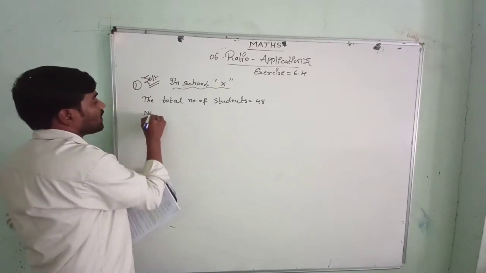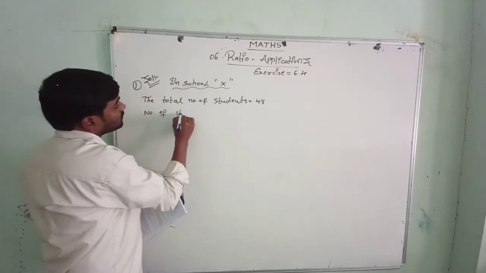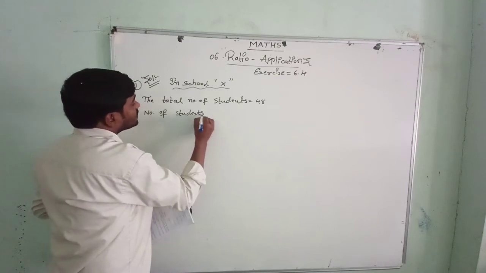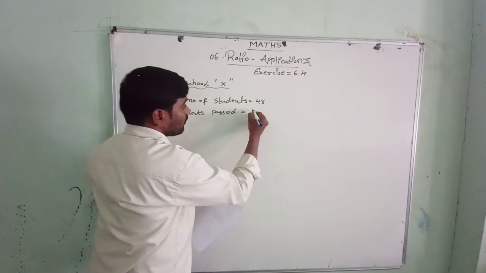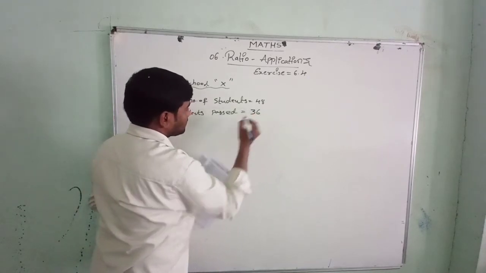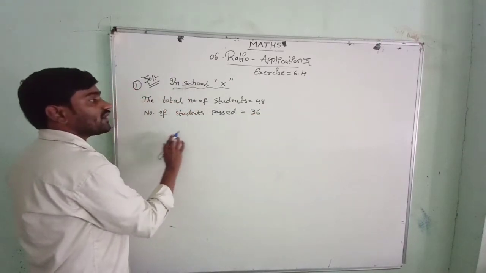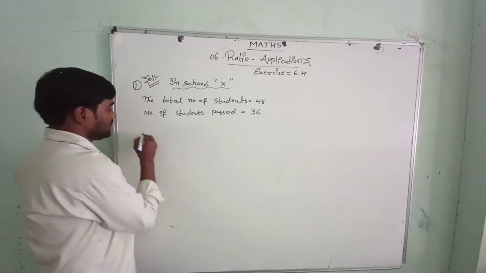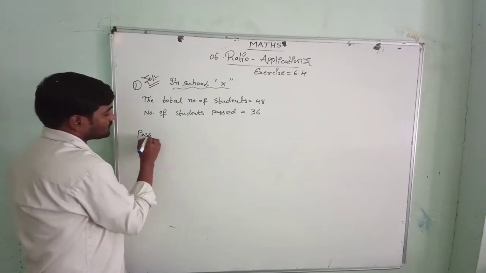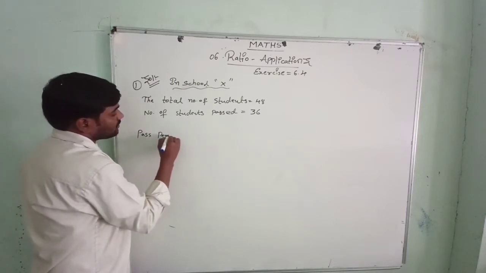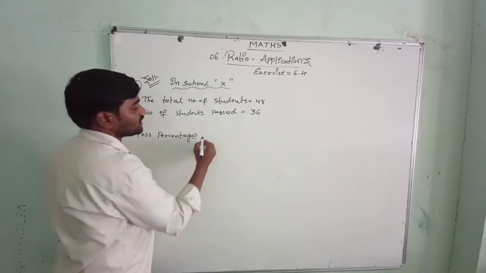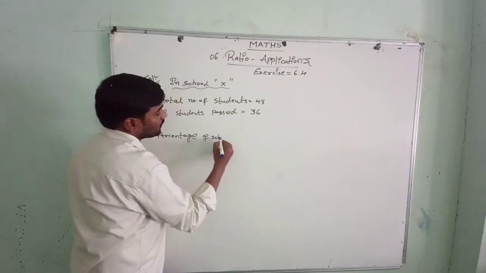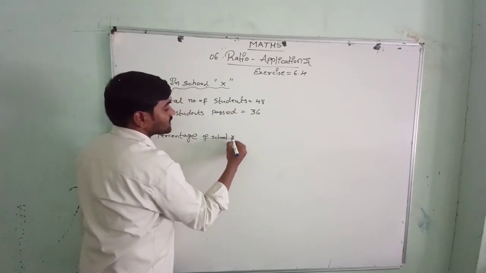The number of students passed is only 36. So we have to find out the pass percentage of school X.